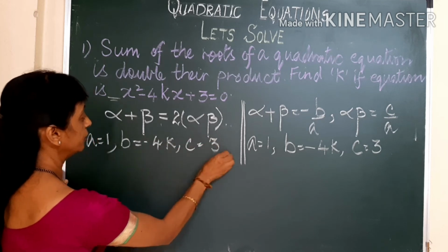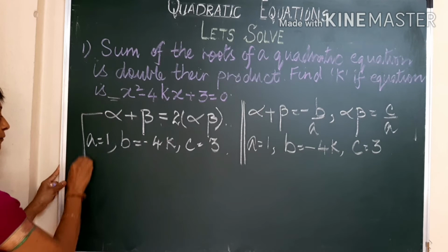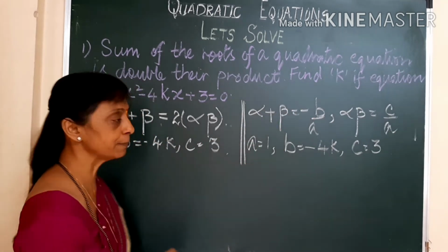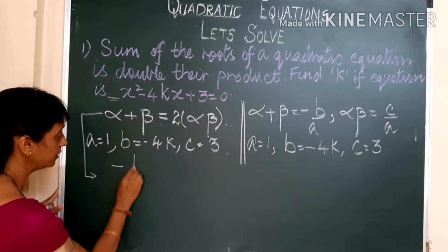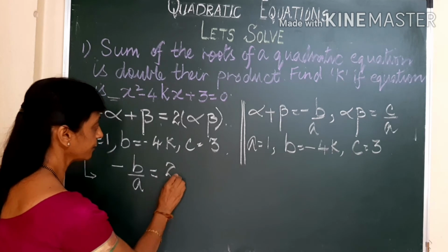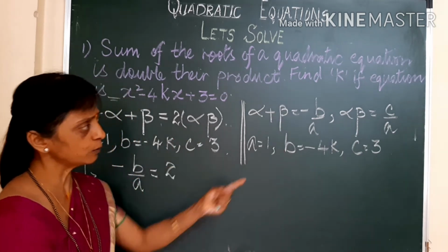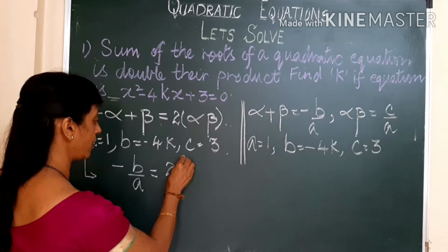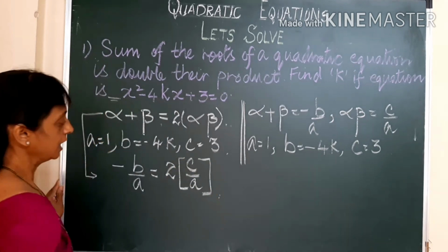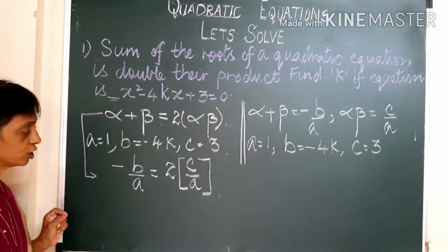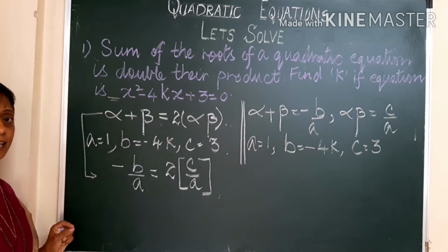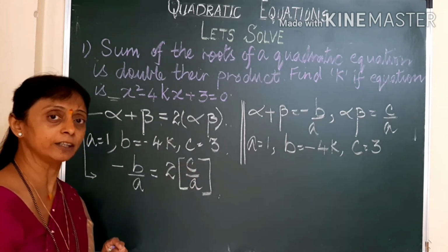Now over here, looking into the first equation, children, alpha plus beta is what? Minus b upon a. So I can substitute over here. Minus b upon a will be equal to twice of what? Alpha into beta. What is alpha into beta? c upon a. If you look at what you have got, children, a is in the denominator on the left hand side and a is in the denominator on the right hand side.